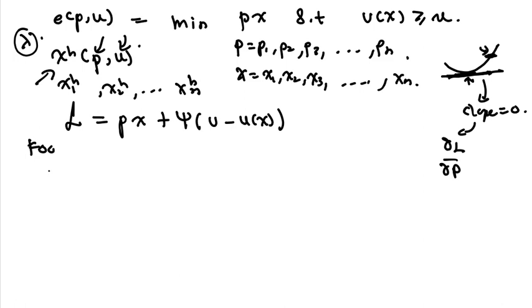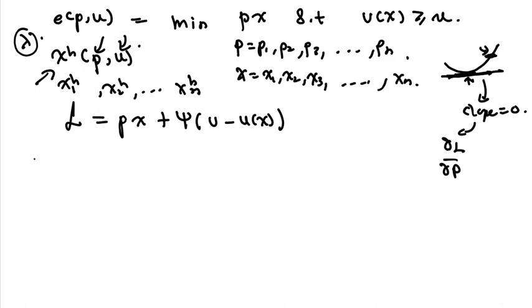So let's do the FOC, the first order condition. If you're talking about good one, then differentiate the Lagrangian function with respect to good one. Remember, P consists of P1, P2, P3. Let me show you if you still don't understand, because some students still don't get this Lagrangian function.